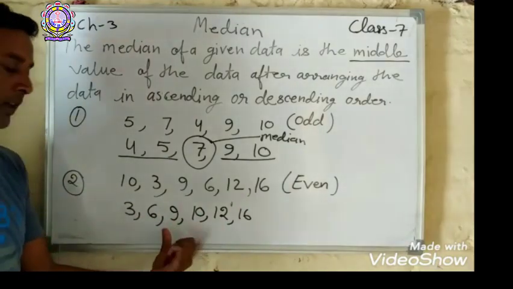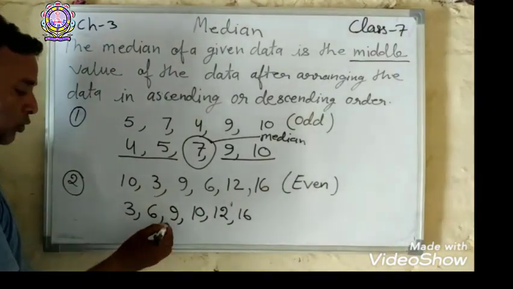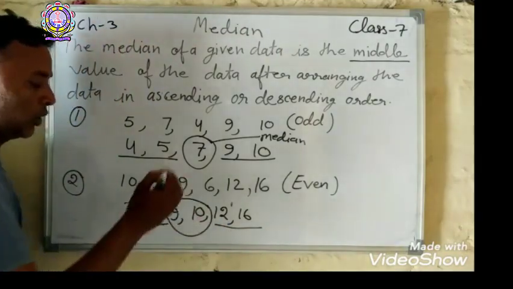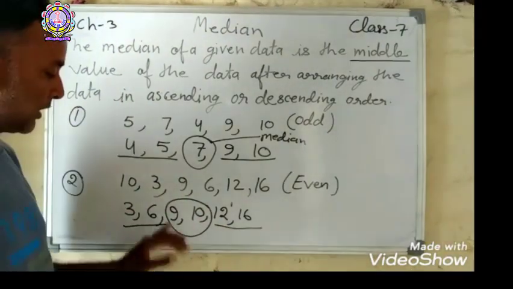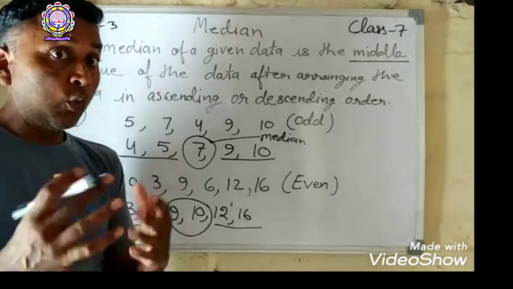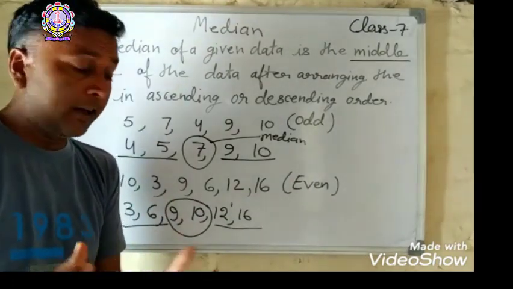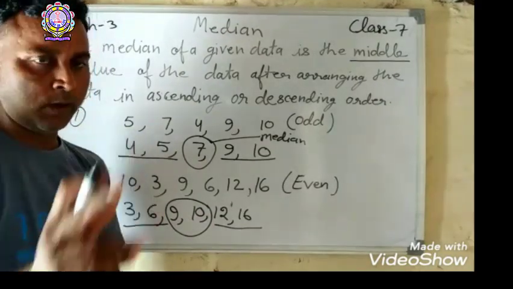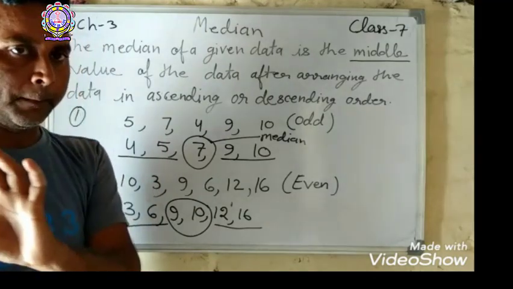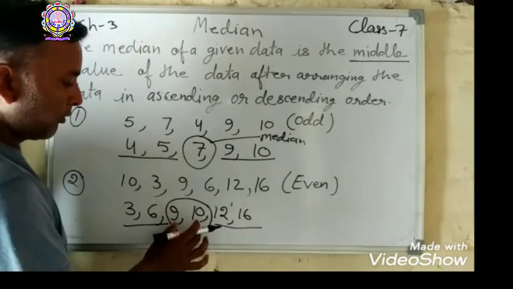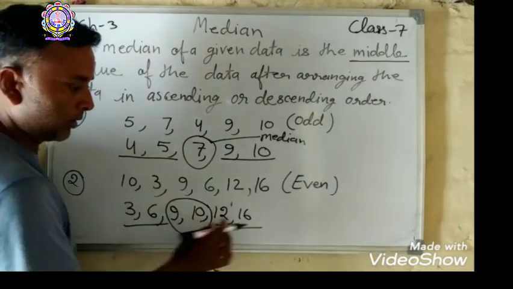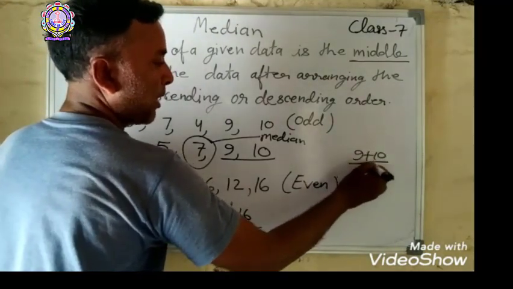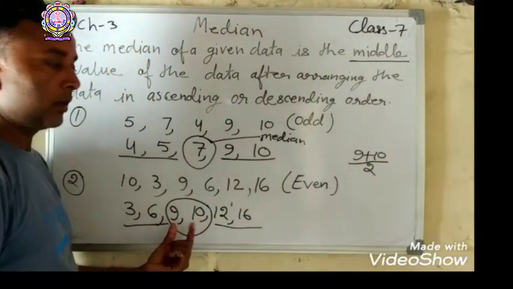Now be careful here. Here you are watching 2 observations on this side and 2 observations on that side. Here the remaining 2 observations are 9 and 10. So what is the middle value of 9 and 10? Yes, 9 and a half, or 9.5. But how do we find it? Find the average value of both numbers: 9 plus 10 divided by 2, because these are 2 numbers.